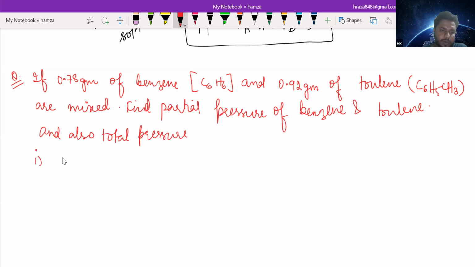Also given are P naught B, that means pure pressure of benzene, is 400 mmHg, and P naught T, that means pure pressure of toluene, is 200 mmHg.